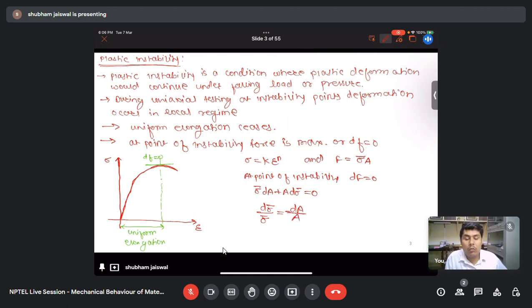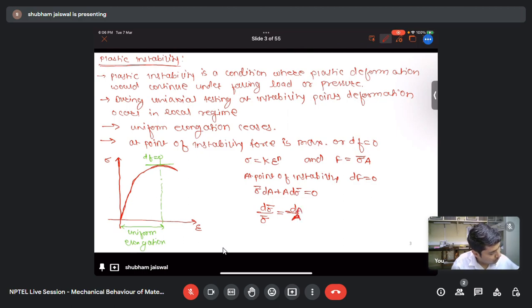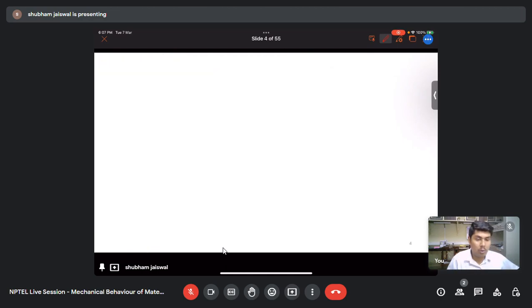Also we know the change in strain, d epsilon, is nothing but minus dA upon A, which is also equal to dl upon L. So let's say this is our equation 1 and this is our equation 2.